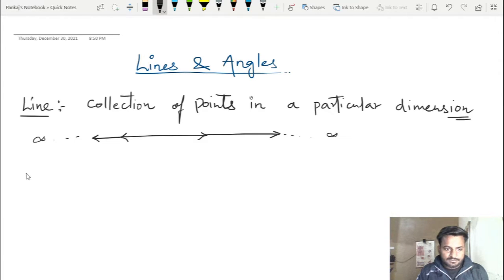For example, that is called a ray. When this line is bounded at one end, let's suppose here, this can be extended along this end up to infinity, and this end is fixed, meaning from here it cannot be extended. So this is called a ray.